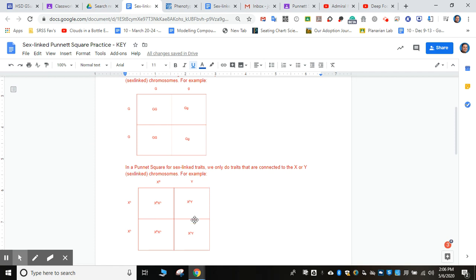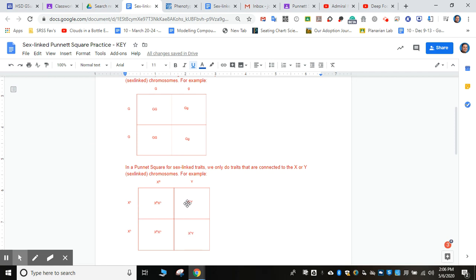For example, I think I just did color blindness or something like that. We have a male here who has regular vision, X big B, Y, with a colorblind female, which is X little b and X little b. And so they cross.